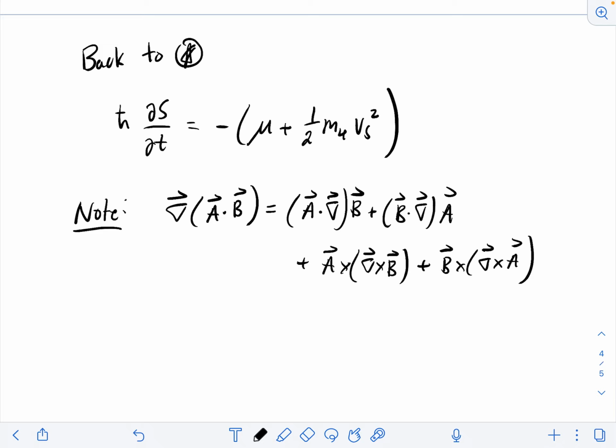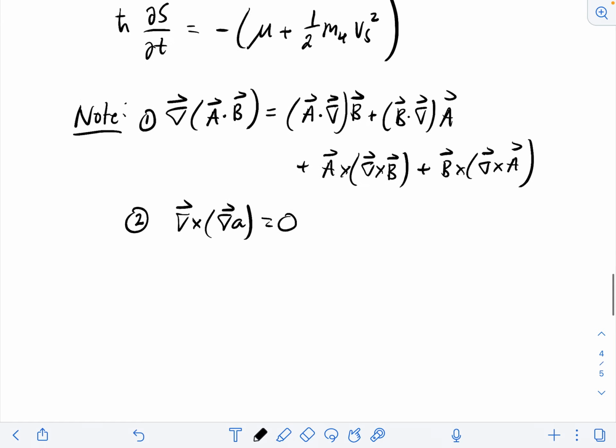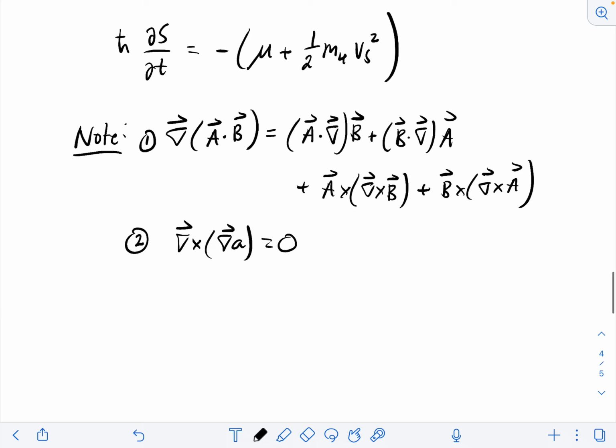And so the other thing we'll just remind ourselves of is that if you take the curl of a gradient, you get 0. Okay, so let's take the gradient of this equation star.